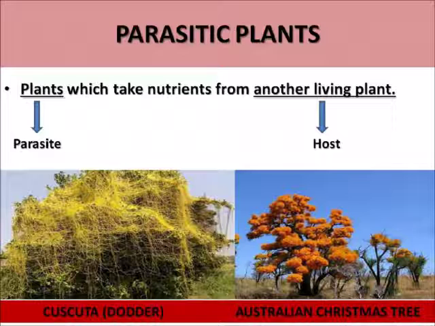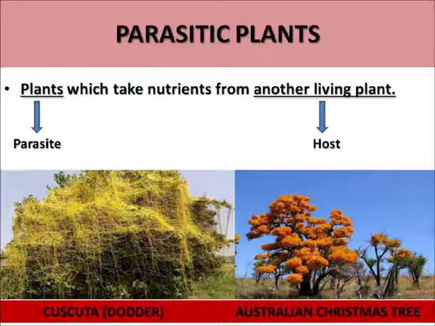So this host plant, that is the green plant, is going to perform photosynthesis and prepare its food, and the cuscuta is going to obtain its food from the host plant. These parasitic plants have root-like organs that penetrate into the stems of the host plants, and through those root-like organs they derive water and all other nutrients from the host.